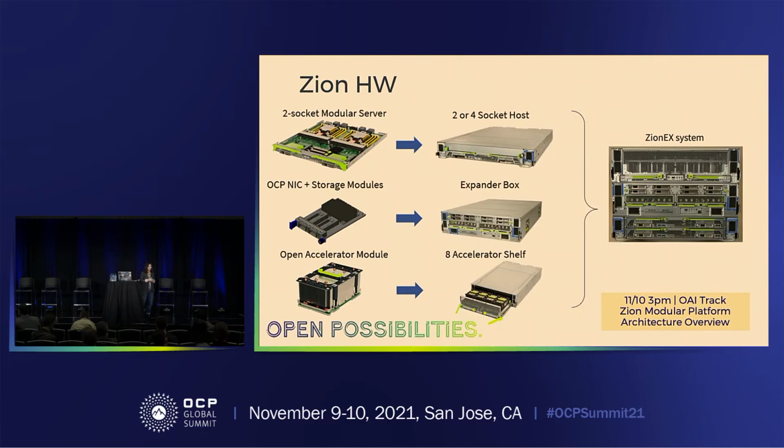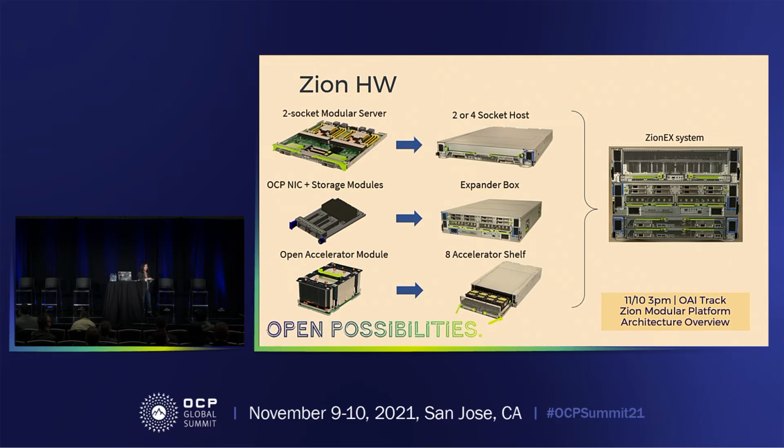So this is the Zion hardware. From the beginning of the Zion design, we kept modularity and flexibility in mind. So we designed a 2-socket module server, and then we put 2 of them together to form the 4-socket host. Then we use the OCP NIC and also the storage modules together, and put them in the expansion box, what we call the I/O box.